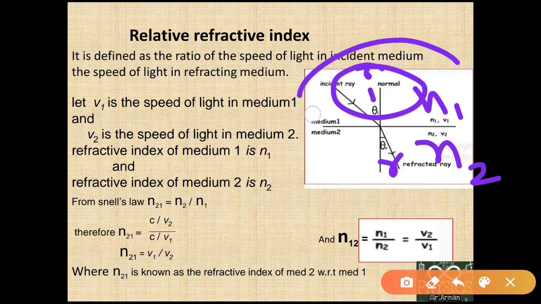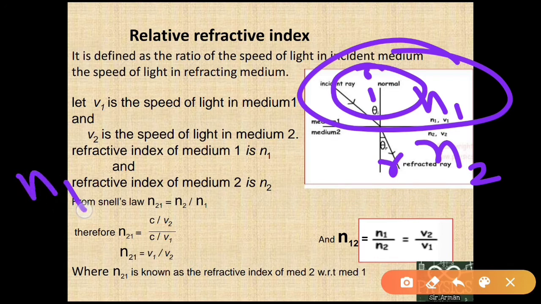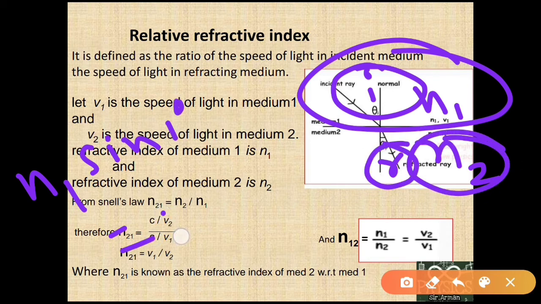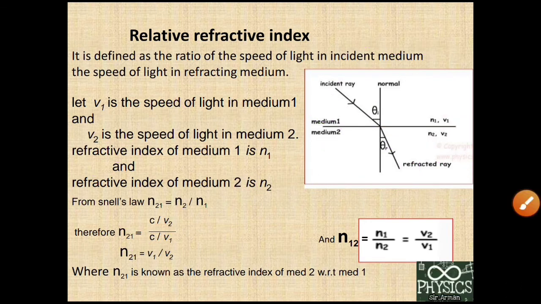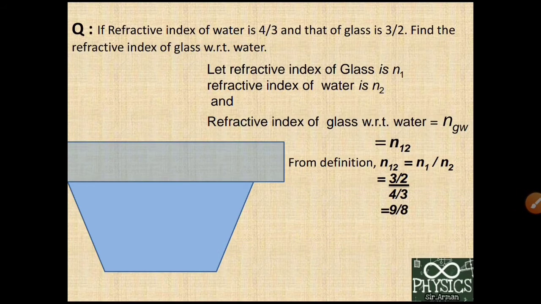So here just multiply these two things with the sine function. So it is eta 1 sine I is equal to eta 2 sine R, and it is Snell's law. Very simple. Okay, so now let us try to understand with the help of some examples.